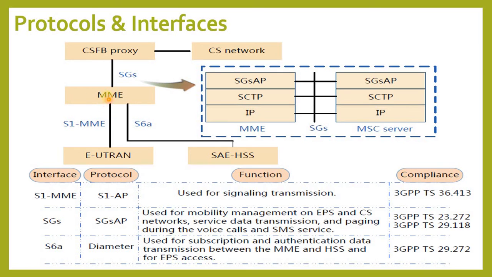Similarly, the interface between the MME and the EUTRAN or the 4G RF network is called the S1-MME interface. This interface basically serves the S1 application protocol and is used for signaling transmission over the air interface.